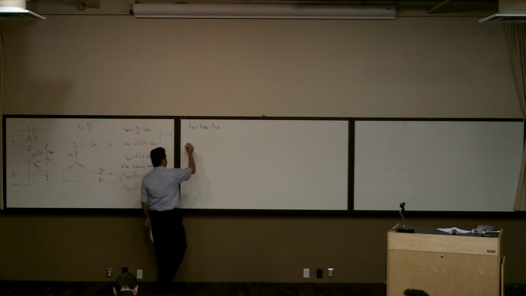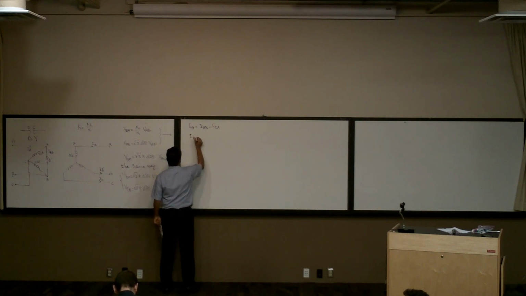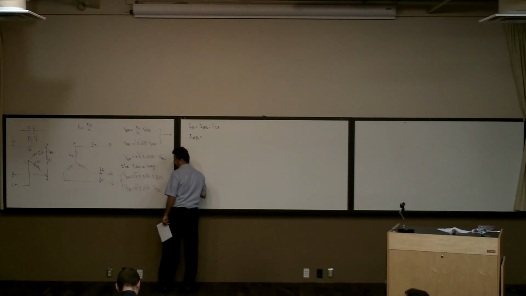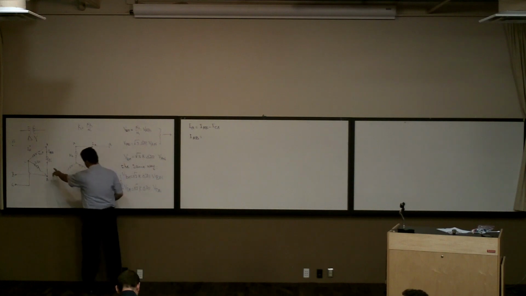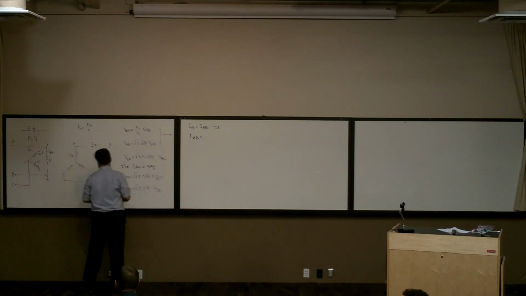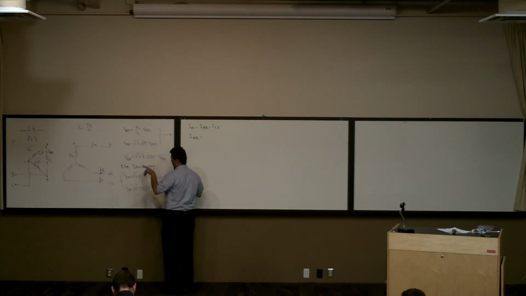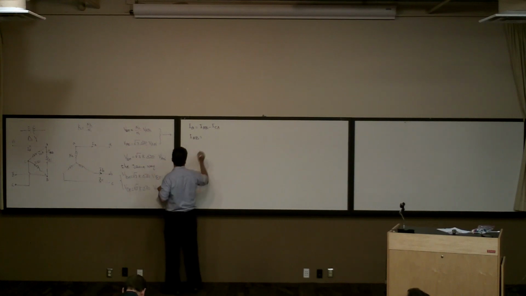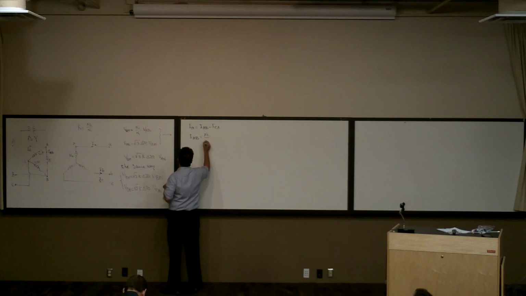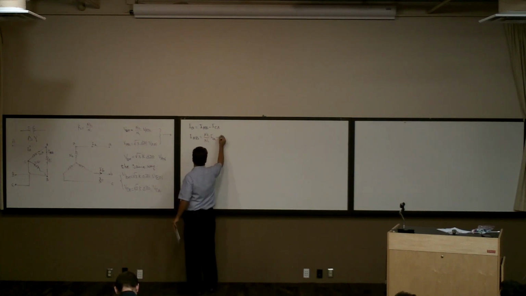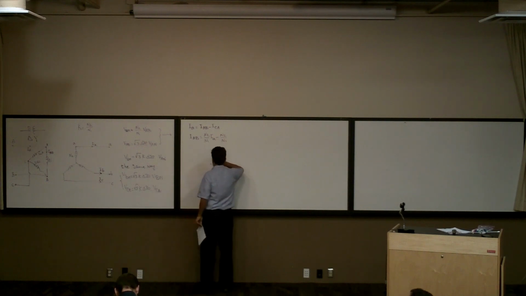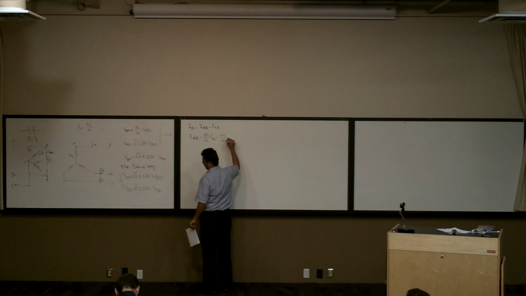So IAB is equal to, it's a transformer, N1 IAB is equal to N2 IA. So it's going to be N2 over N1 IA minus N2 over N1 IB.